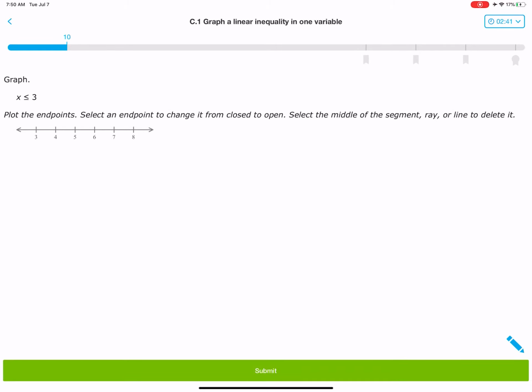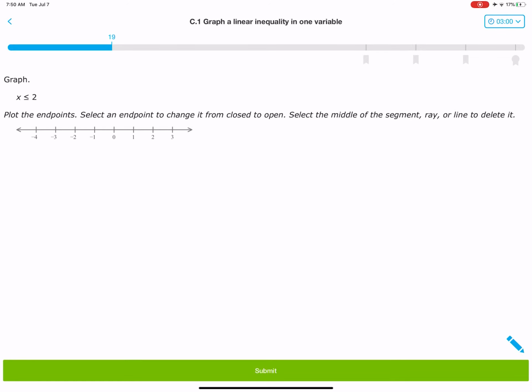So I'm just going to do the next one. X is less than or equal to 3. It's gonna be a closed circle, and 3 is being eaten, so x is less than, so we're gonna go to the left. Okay, x is less than or equal to 2.